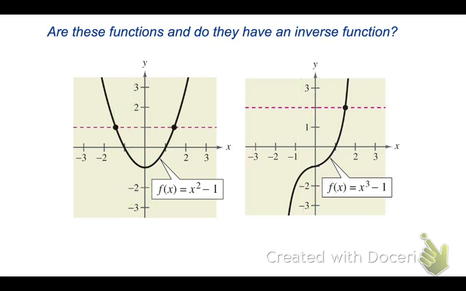So, do they have inverse functions? Do they pass the horizontal line test? No and yes. So, x cubed minus 1 is a 1-to-1 function, meaning its inverse is also a function.